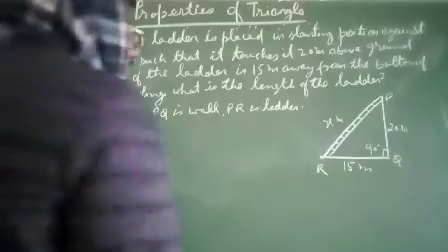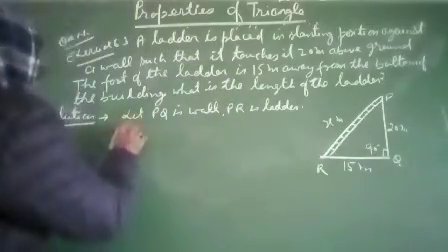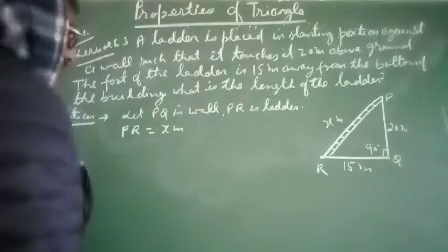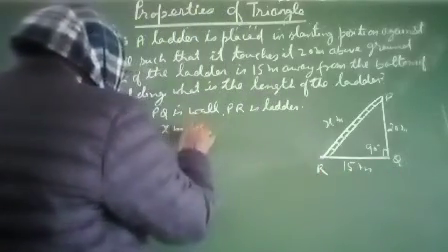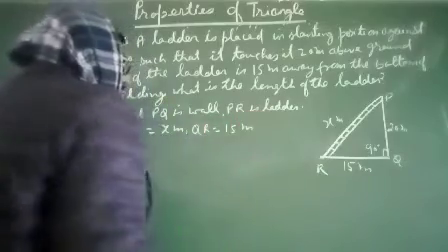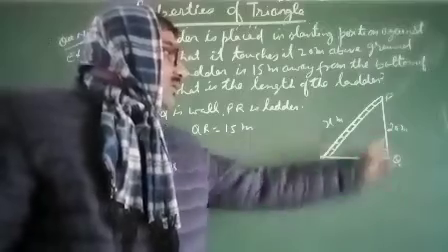And the length of ladder PR equal x meter, and QR equal 15 meter. Now this is a right angle triangle.